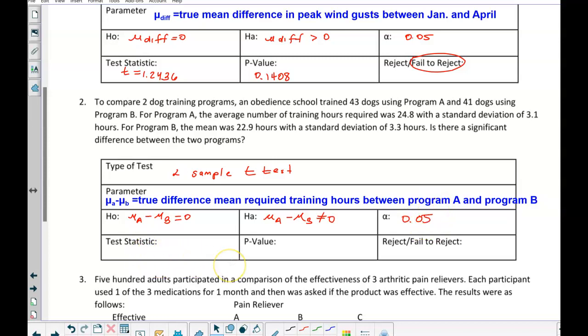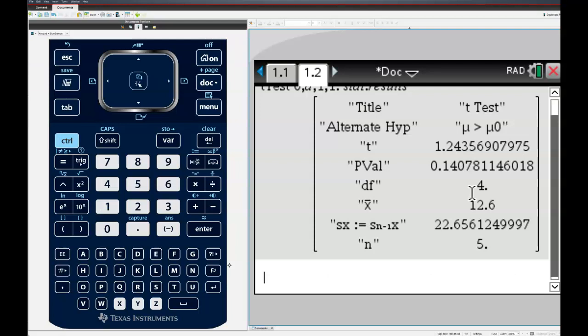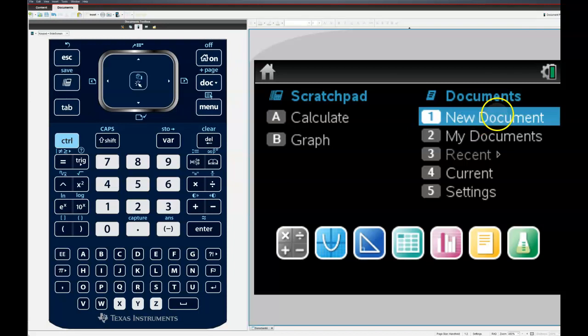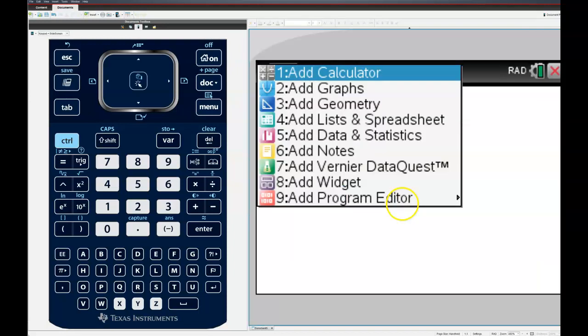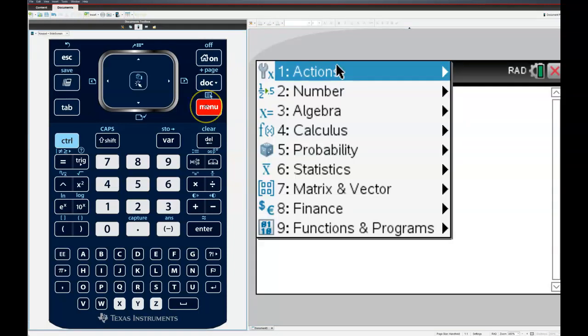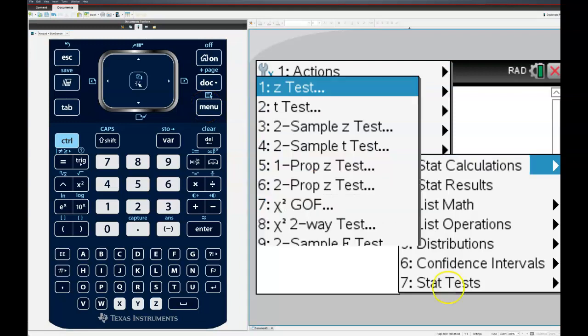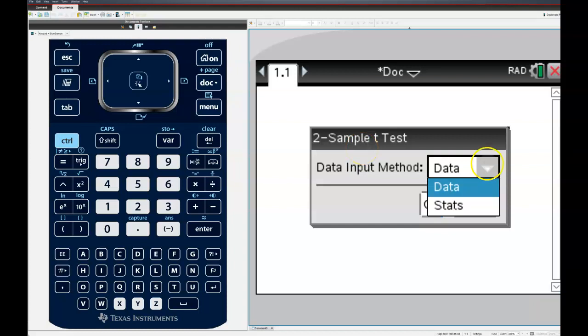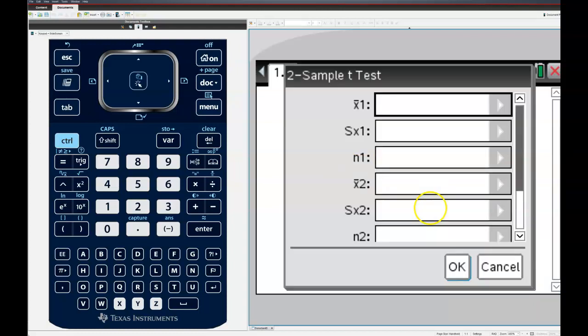In this case, we're going to enter the summary statistics. So again, I would start a new document. And you would do menu, statistics, stat tests, 2-sample t test. The method is summary statistics. And now let's enter our data.